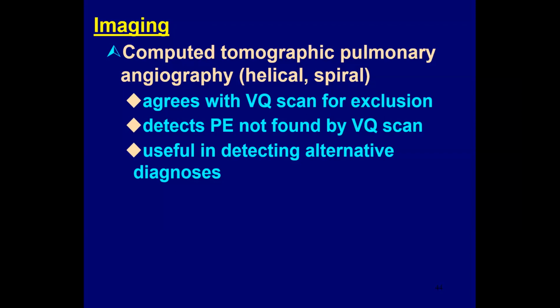It agrees with a VQ scan for exclusion. So it's cheaper than a VQ scan, easier to do. It will detect a PE that's not found by a VQ scan. This is useful in detecting alternative diagnoses. Also, you can rule out or rule in PE.